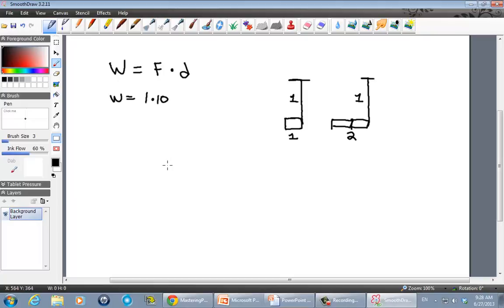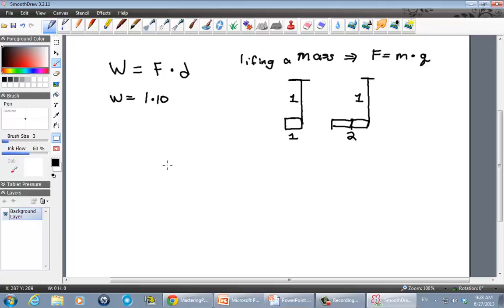Anytime you lift a mass, your force will be the mass times g. Why don't we write that? Lifting a mass. Whenever you do that, your force is your mass times g, and we usually use 10 for g. So that's where this force comes from.